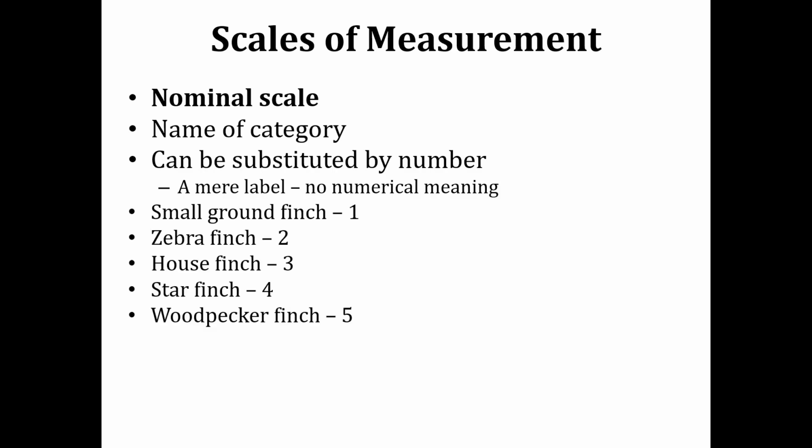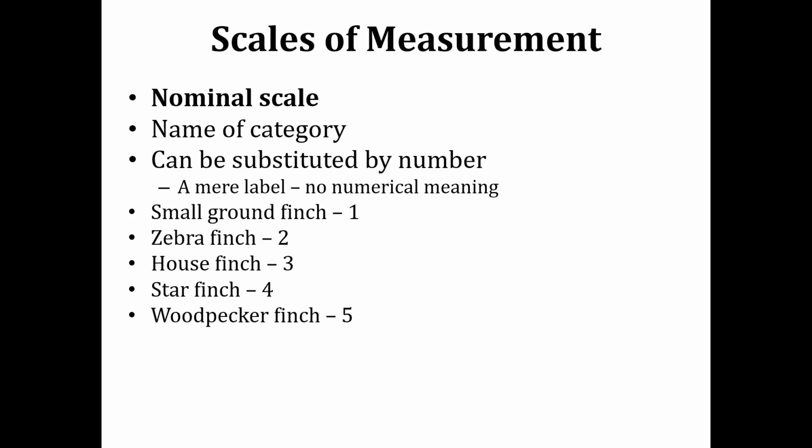Like in a statistical population of finches, you want to find out the finches which belong to different species, like the small ground finch, zebra finch, house finch, star finch, and woodpecker finch. Now you can represent these categories by the numbers 1, 2, 3, 4, 5, but these numbers don't represent their quantities. This numbering is done only for ease of labeling and arranging the data, and that's it.